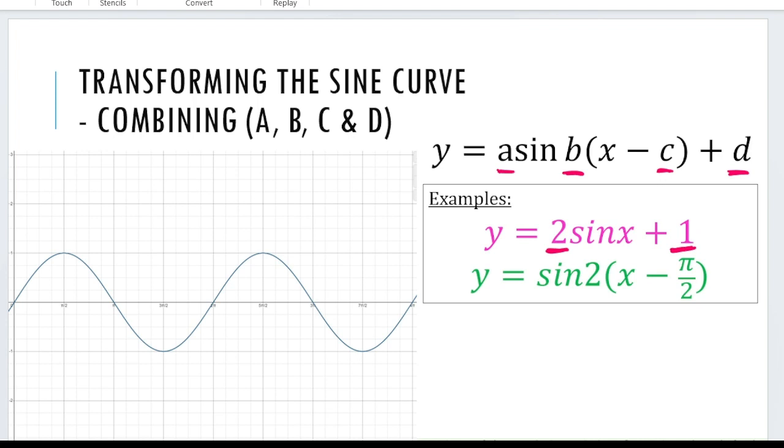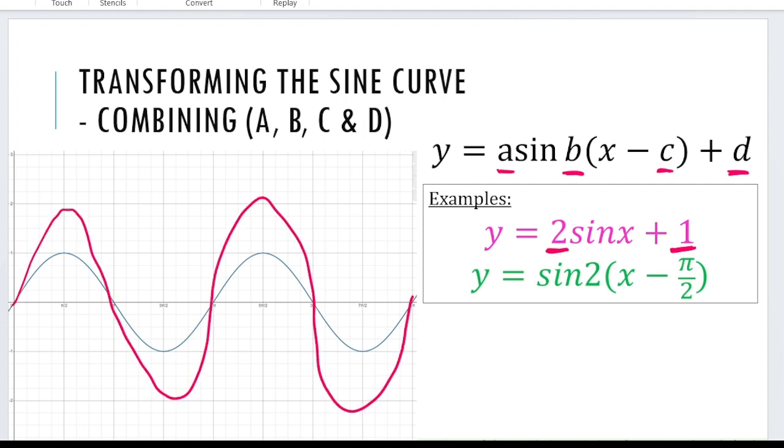So a good idea here is to imagine what it's going to look like if we double it in size. So I'm just going to trace this and then get rid of it, but it's going to look something like this. Very rough, but obviously you'd probably be able to get the picture. Then let's draw what it's really going to look like by shifting that whole thing up by 1.